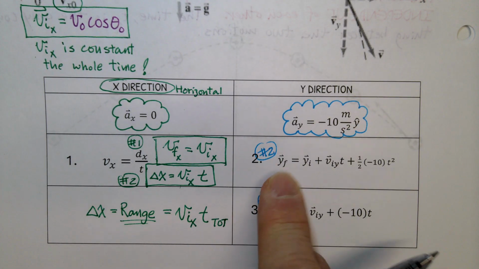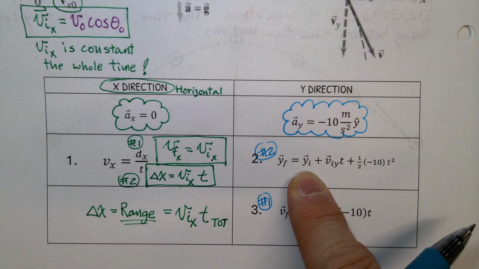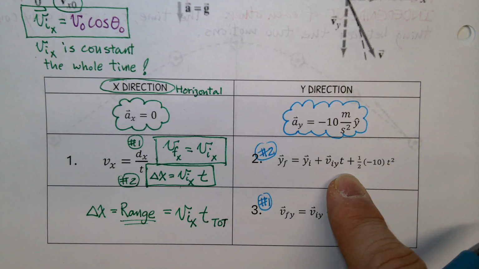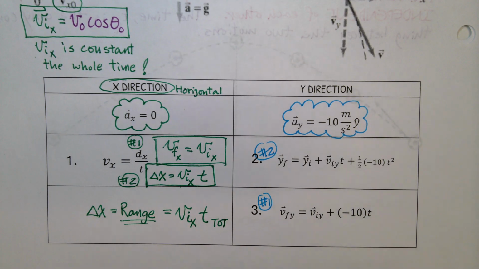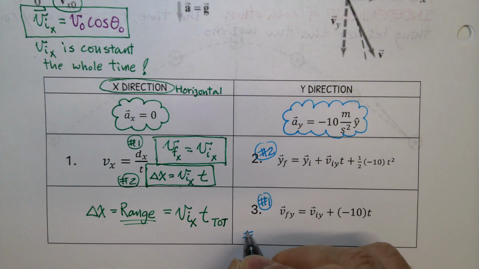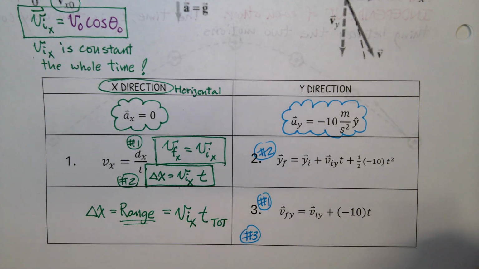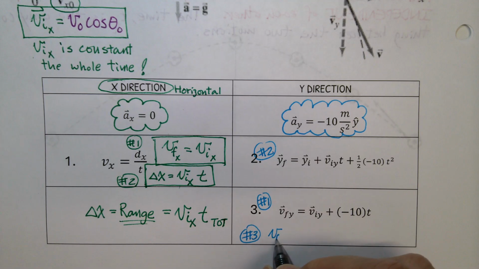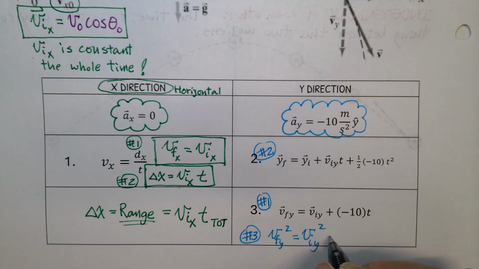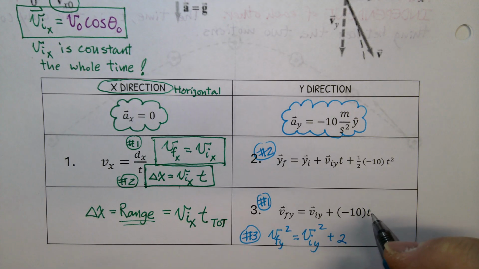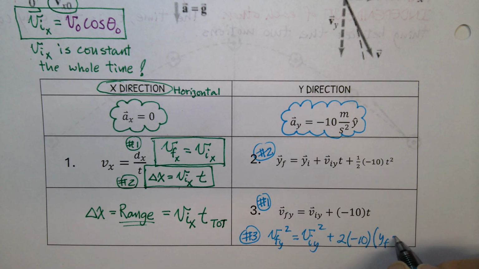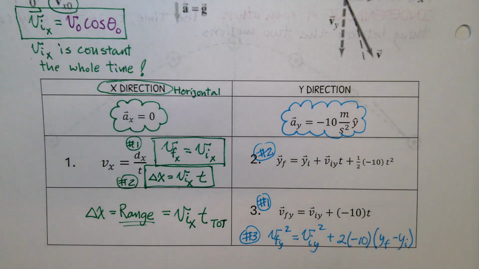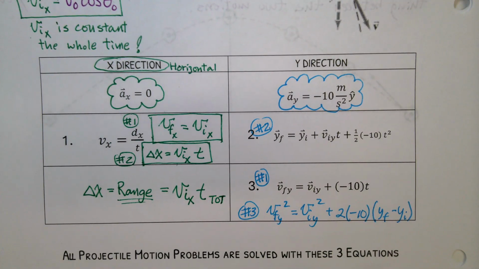Your y final is equal to y initial plus Viy times time plus 1/2 negative 10t squared. And of course, you can also use equation number 3 when you don't have time, which is simply Vfy squared is equal to Viy squared plus 2 times negative 10 times y final minus y initial, or your delta y. All right?